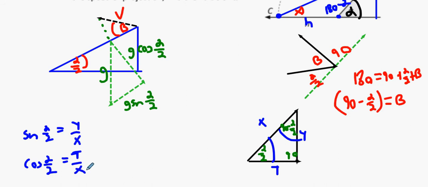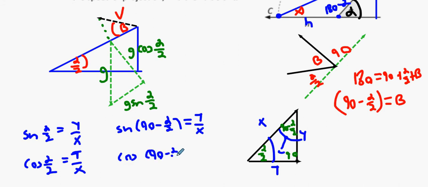Okay? And then sine 90 minus alpha over 2, which is using this angle here, is t over x. And cos 90 minus alpha over 2 is y over x. So you can see that the sines and the cos's are interchanged, like so.